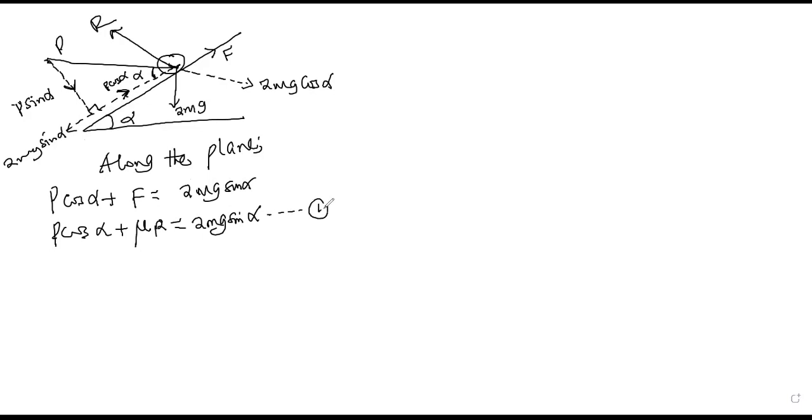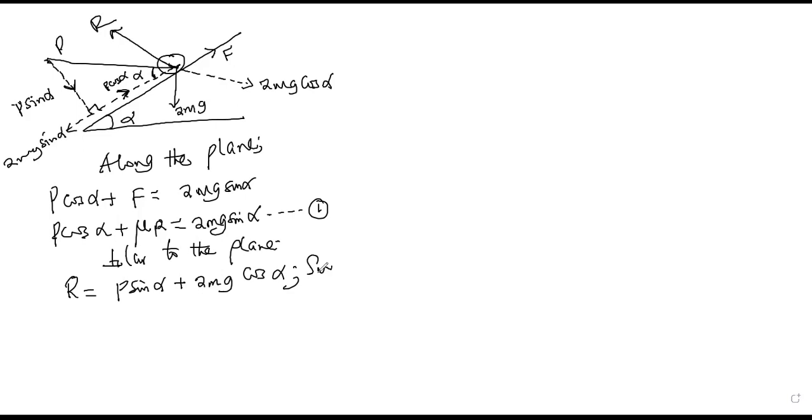If I call this my equation 1, then resolving perpendicular to the plane, we shall have perpendicular forces. We shall have P sine alpha plus this force 2 mg cos alpha equal to R. So we shall have our R equal to P sine alpha plus 2 mg cos alpha.